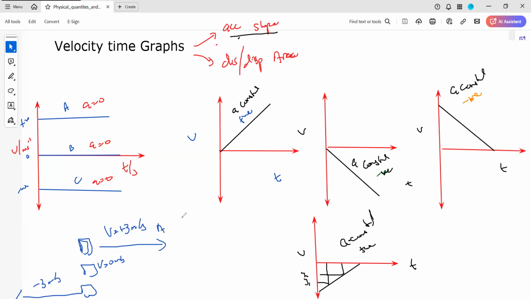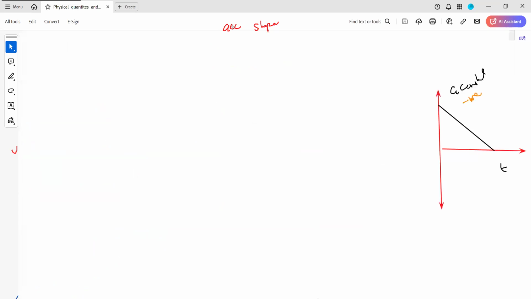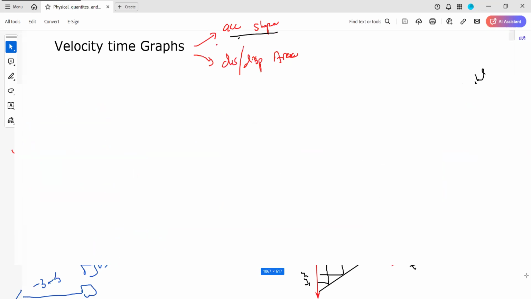Okay. The next is a velocity time graph. As we are doing a velocity time graph, we may have an increasing slope.